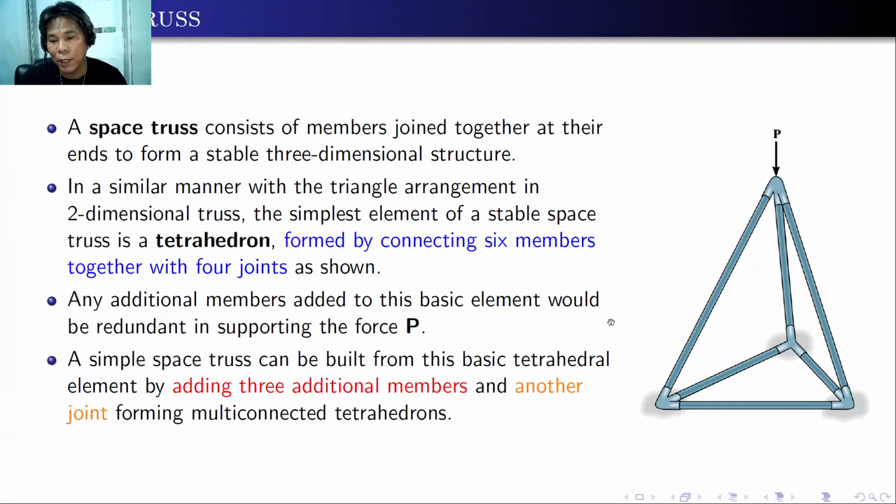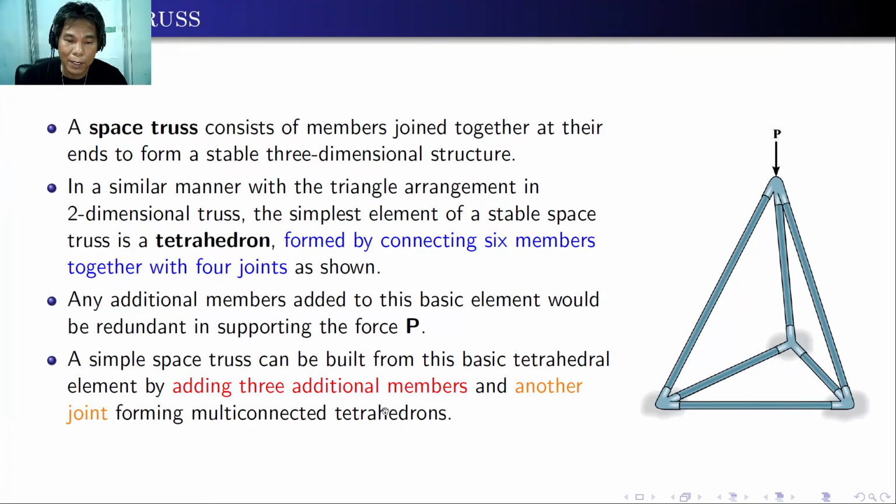So in similar manner with the triangle arrangement in a two-dimensional truss, the simplest element of a stable space truss is what we call a tetrahedron, this one, with 1, 2, 3, 4, 5, 6 connecting members together with 1, 2, 3, 4 joints.